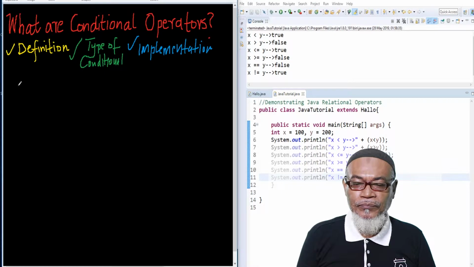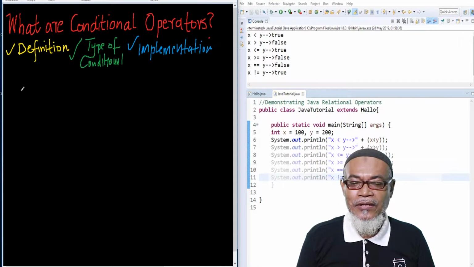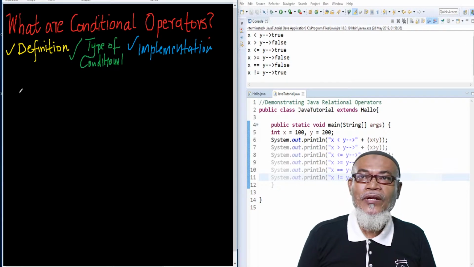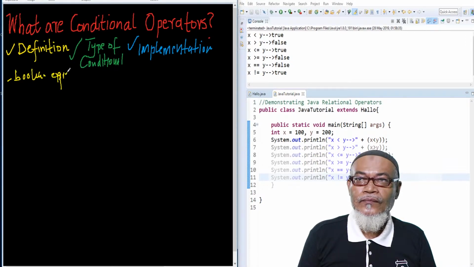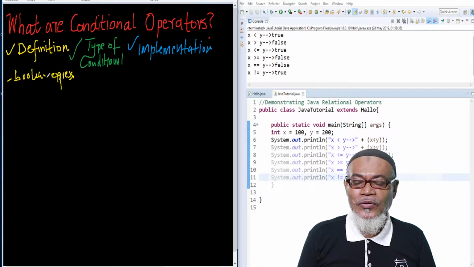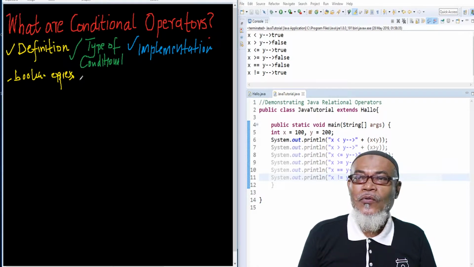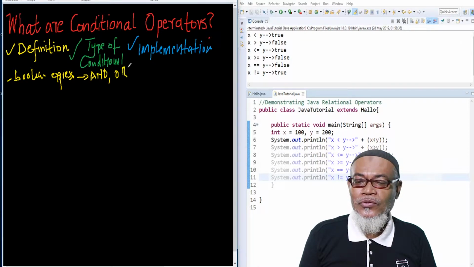Conditional operators, sometimes called logical operators, evaluate Boolean expressions. They operate on the conditional and, the conditional or, and also the ternary operator.